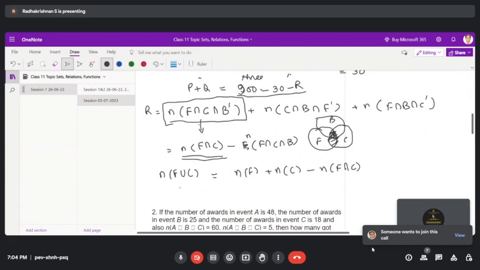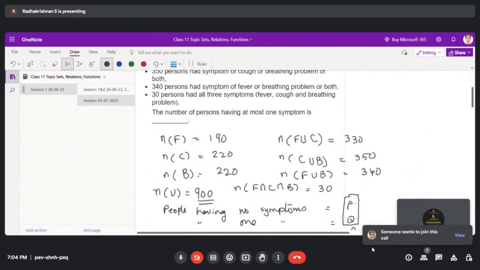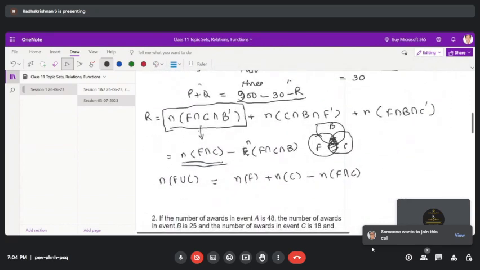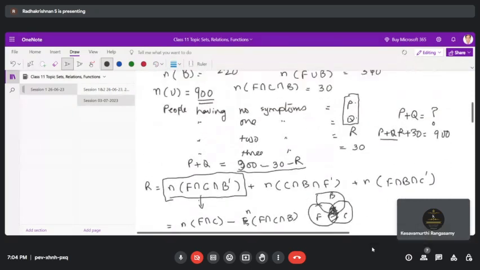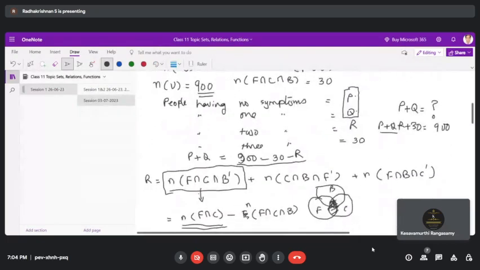That means, put those numbers in. F union C is given to us. What is F union C? 330. What is N of F? 190, and C is 220.